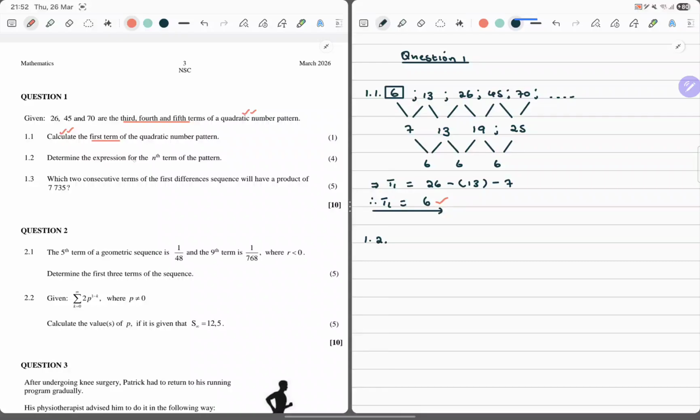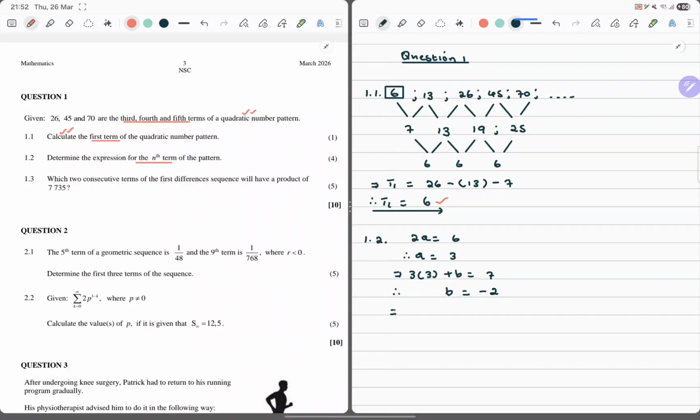1.2 says determine the expression for the nth term. Easy. We know that 2a is going to be 6. Therefore, a is 3. This would imply that 3 times a, which is 3, plus b should be 7. Therefore, b is minus 1. Nope, minus 2.